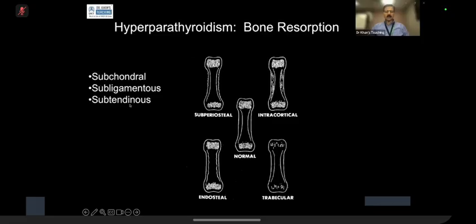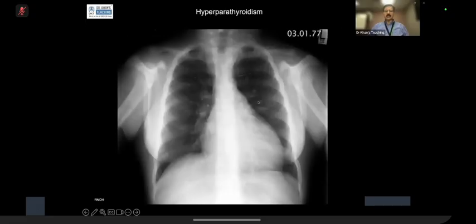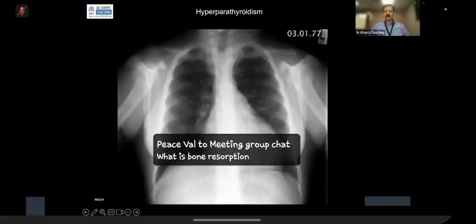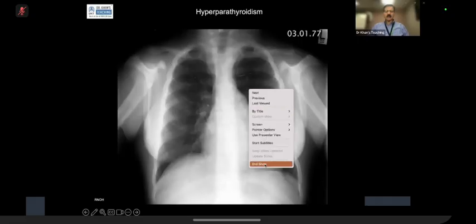Where the tendons are attached, there can be resorption there. This is a case where you can see resorption of the distal end of the clavicle bilaterally. Now, with that background, let's go back to our case.